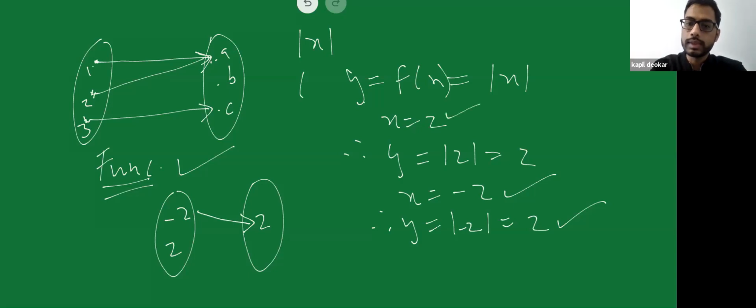If I'm giving 2 as my input, I'm still getting 2 as my output. So this is many to one relation. Many to one relation is allowed because each and every pre-image in your domain has an image, a unique image in your range. Therefore, this is a function.